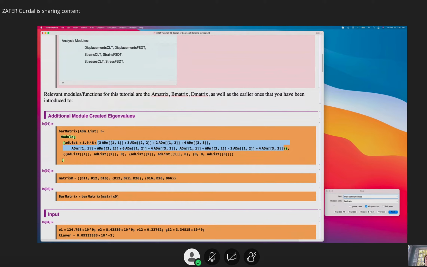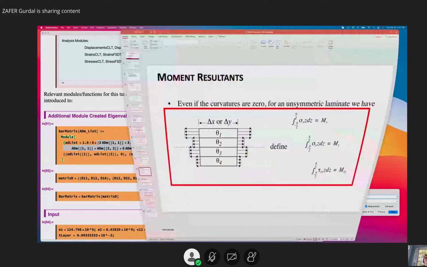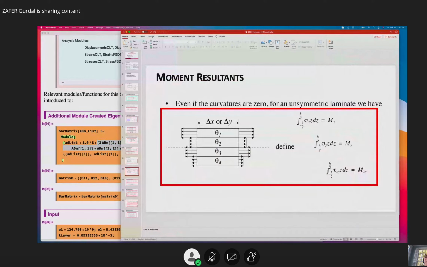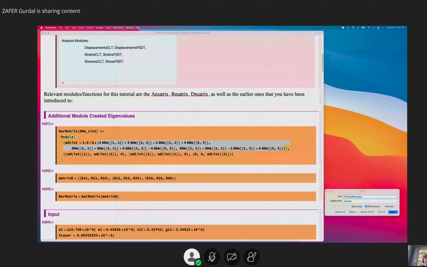This equation duplicates this, not this one.